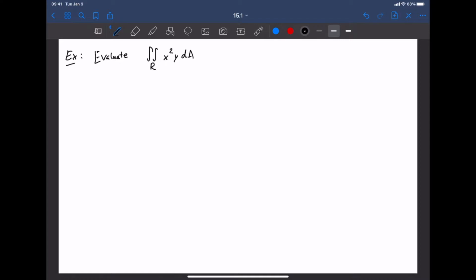In some textbooks it's two integral symbols really close to each other. Over R equals, and here's how we can write this rectangle one more time, the x's go from 0 to 3, and the y's go from 1 to 2.